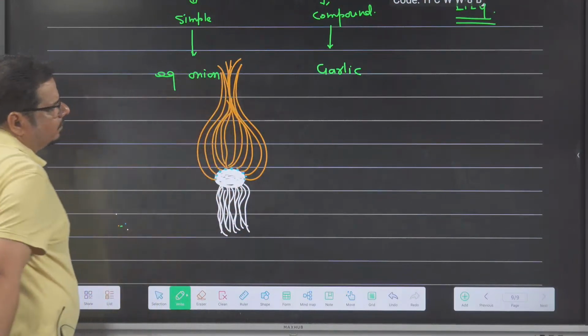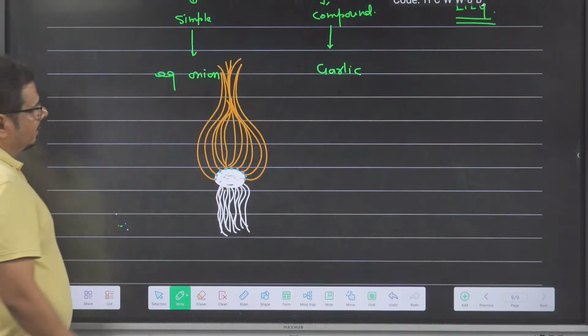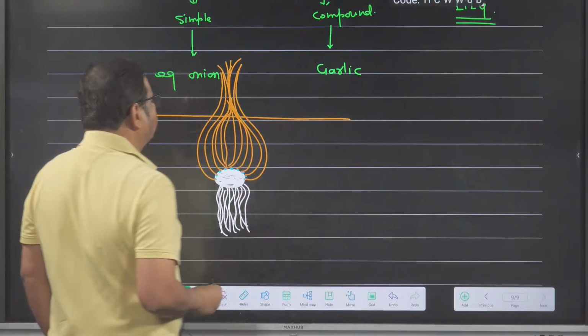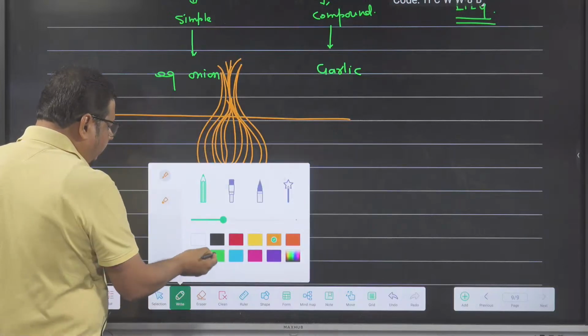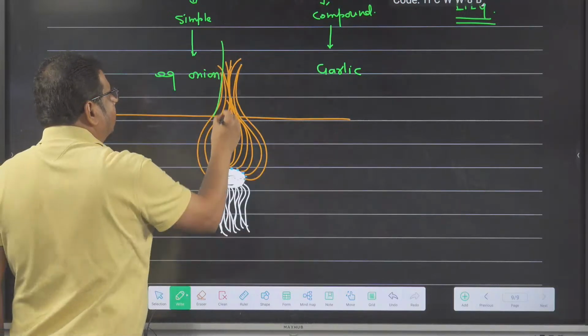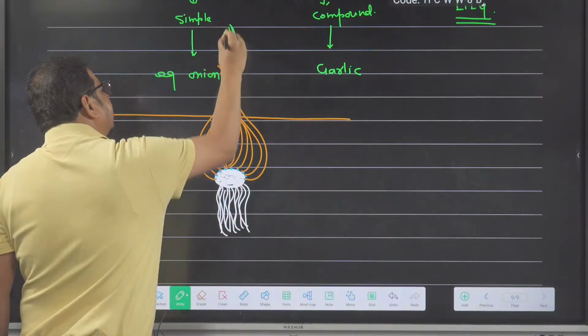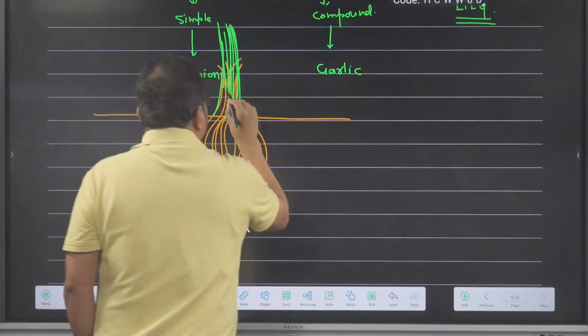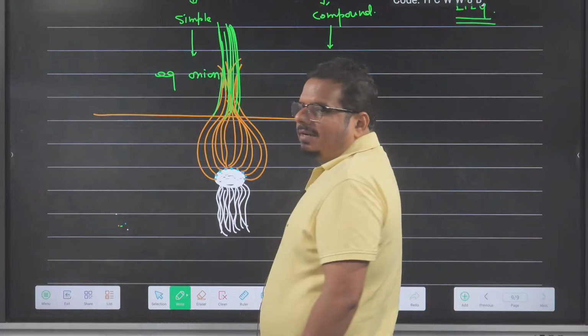Leaves are arising like this from the nodes. Getting the things? Some part of the leaf is underground and some part of the leaves is above ground. You have seen the spring onion? So these leaves are above the ground, and these leaves are underground.